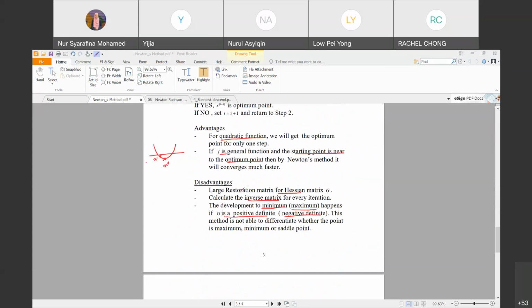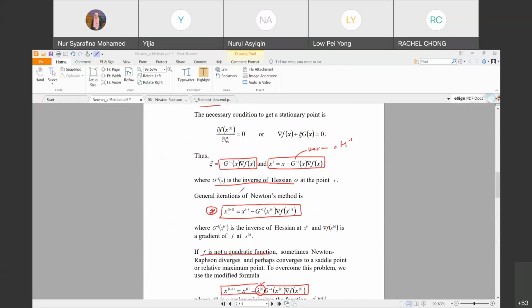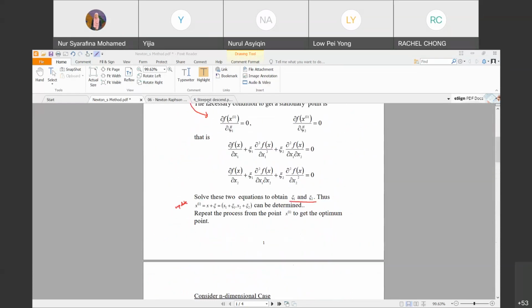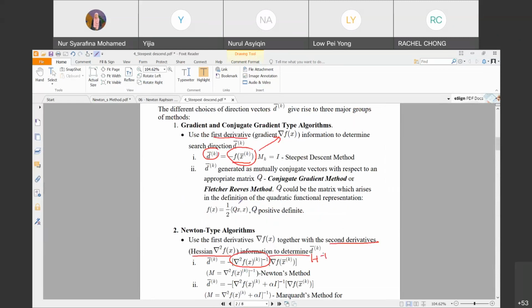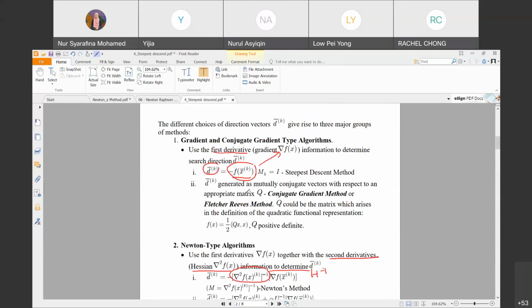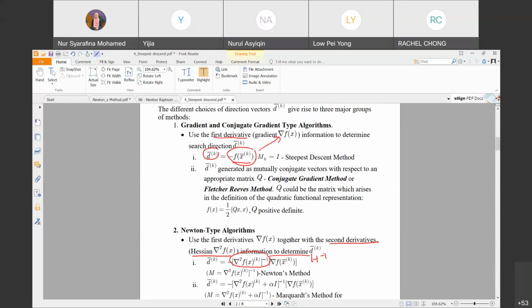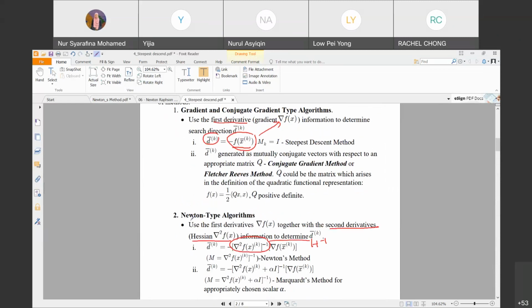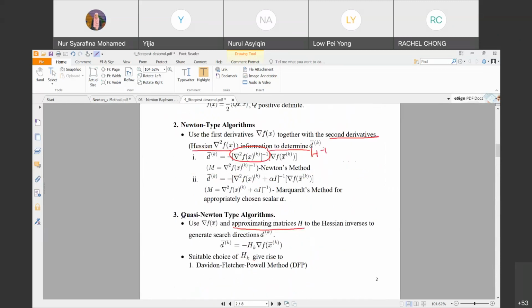Okay, now we have done with Newton's. And just like I said earlier, we have done with steepest descent, where steepest descent is one of the gradient methods. Now we have Newton type methods. Our next method is quasi Newton, where we modify the Newton method and use an approximate matrix of the Hessian.